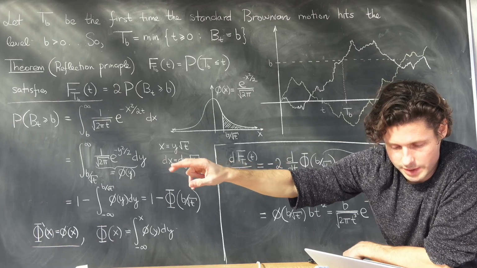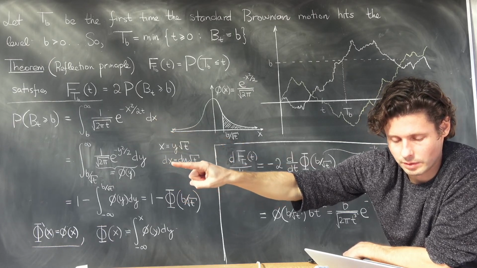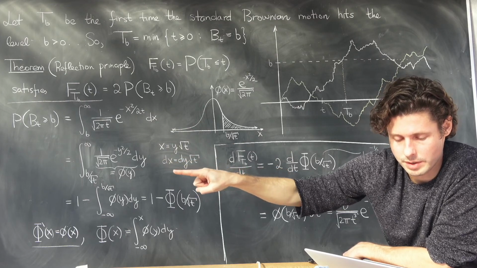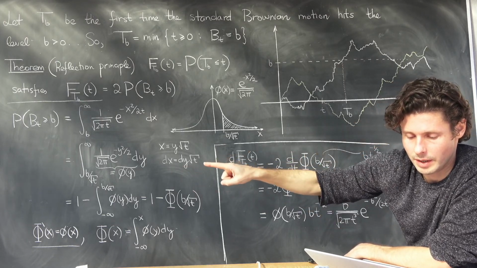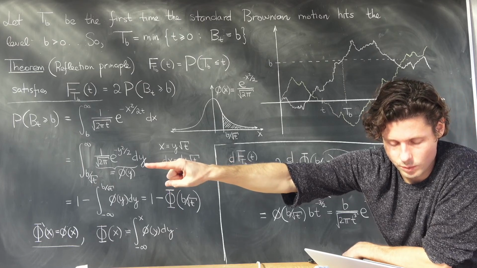And once that's done, there's one more part where you can compute dx/dy, which gives you formally this equivalence between dx and the square root of t dy here.